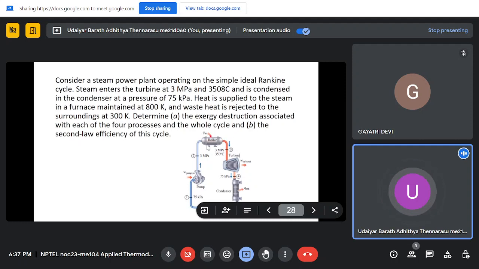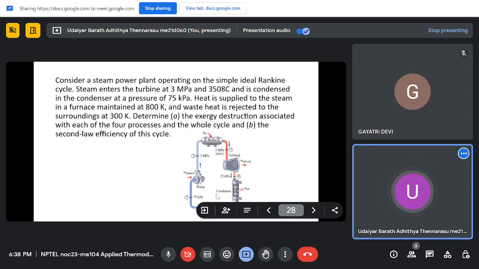So the boiler, you are getting steam, the heat source for the boiler is at a temperature of 800 Kelvin, and the waste heat is rejected to the surroundings at 300 Kelvin. So in the condenser, the heat which you are rejecting to the ambient is at 300 Kelvin. Determine the exergy destruction associated with each of the 4 processes and the whole cycle.